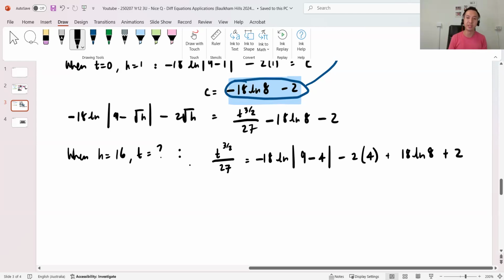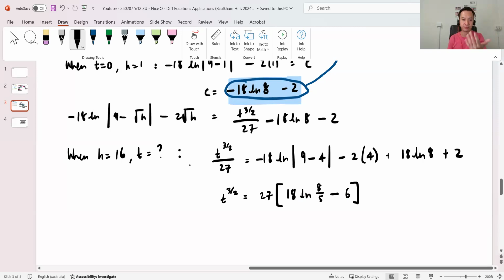So ultimately, I'll punch this in the calculator, times it by 27. So t to the 3 on 2 was 27. Outside of now, it'll be 18 ln. So if that's ln 5, so 8 on 5, is it? Yeah, ln 8 on 5. And then minus 8, so minus 6.